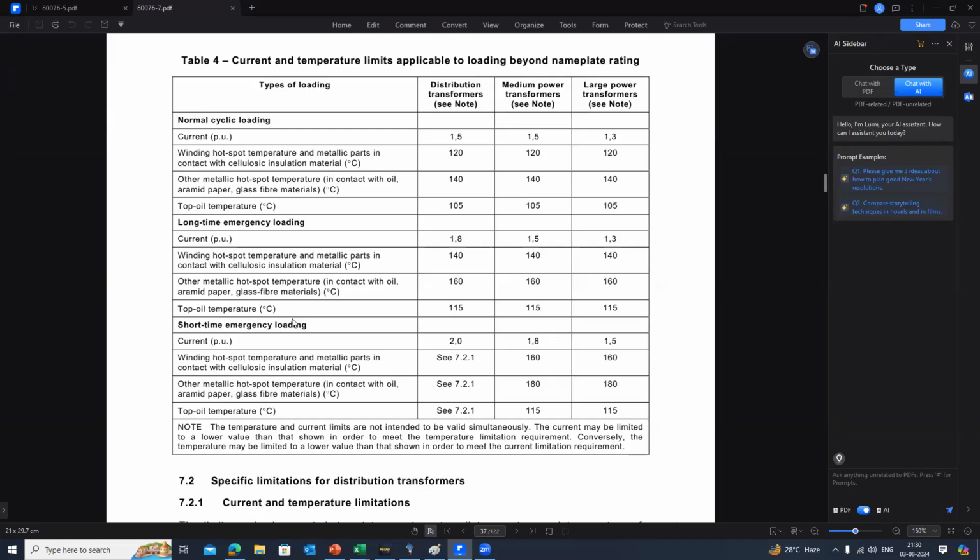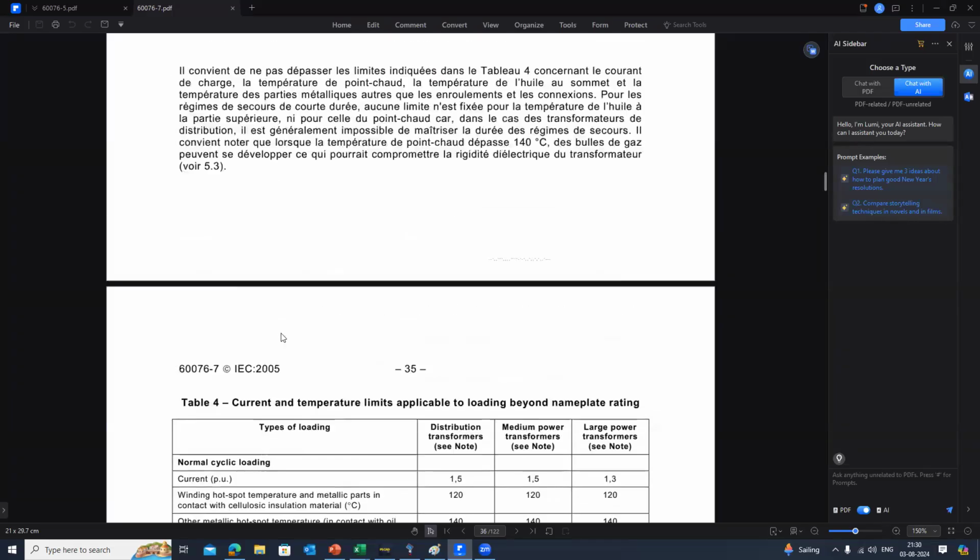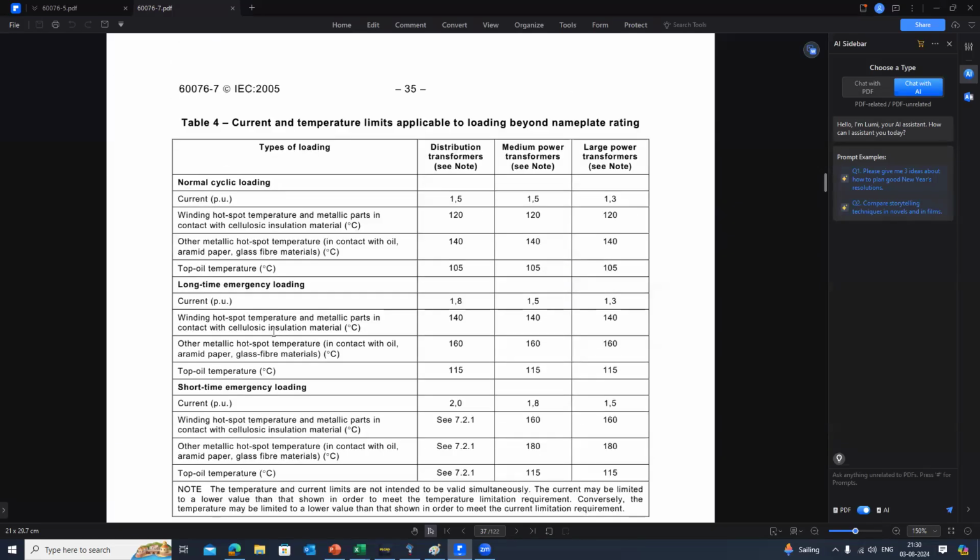Here we are classifying into distribution transformers, medium power transformers, and large power transformers. If you have a distribution transformer, you can load this transformer even up to 2 times for a short-term emergency rating. They define short-term emergency rating as 30 minutes, I think.